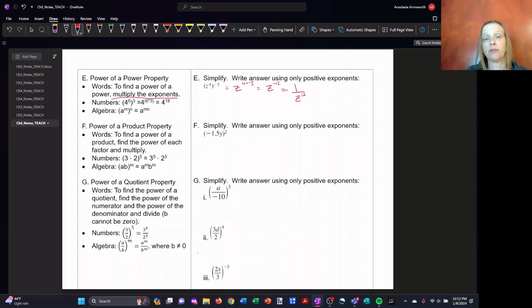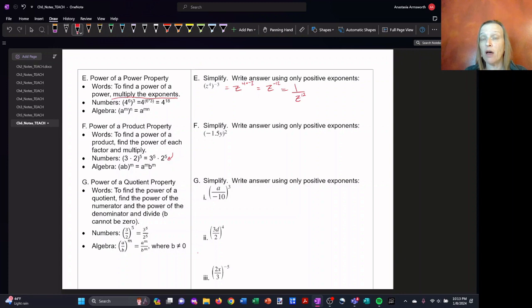Power of a product. If you have a quantity where you're multiplying two numbers together, and then you raise it to a power, then what you do is take that exponent and apply it to each value being multiplied. Now, if we were strictly given numbers, you would probably say, well, just do 3 times 2 is 6 and raise that to the 5th power.